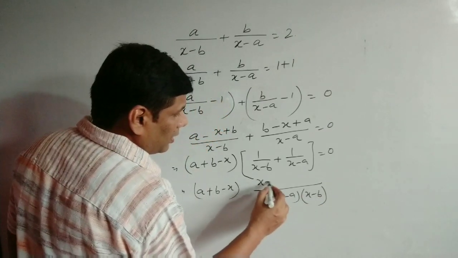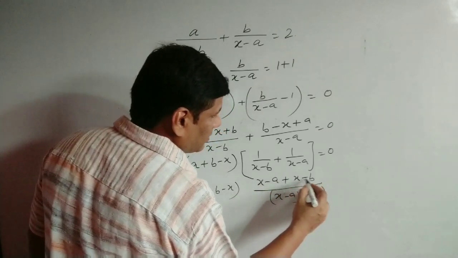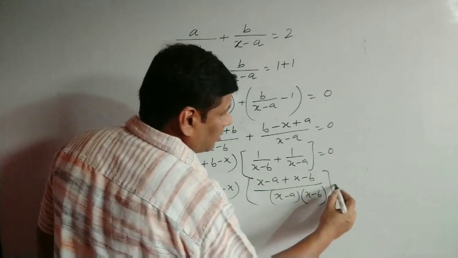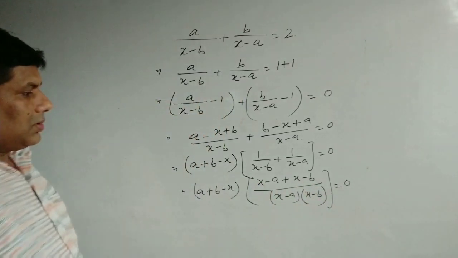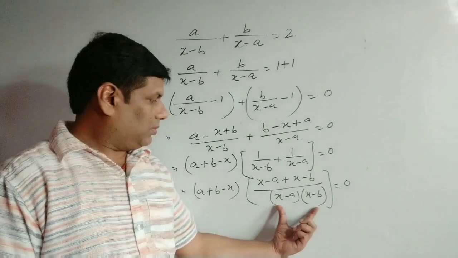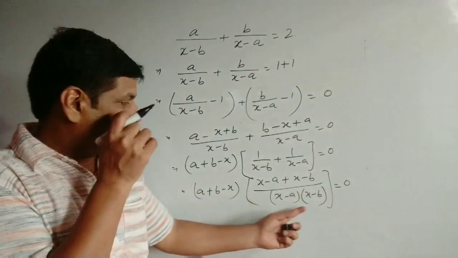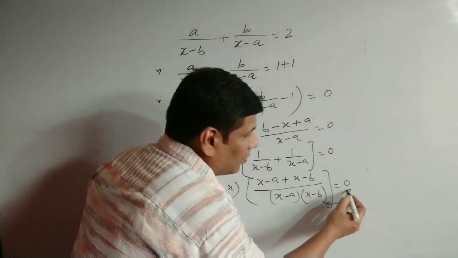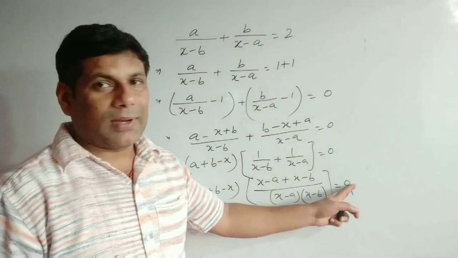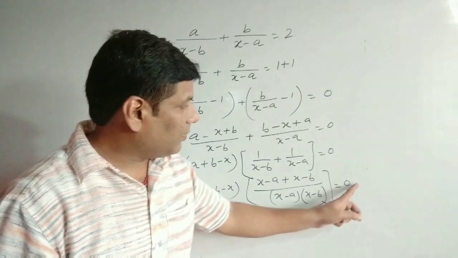So we can write (x minus a plus x minus b) equals 0. Now see, this is the denominator and this is the divisor of the whole part. So when this is moved here, it will be multiplied with 0 and the whole will become 0.